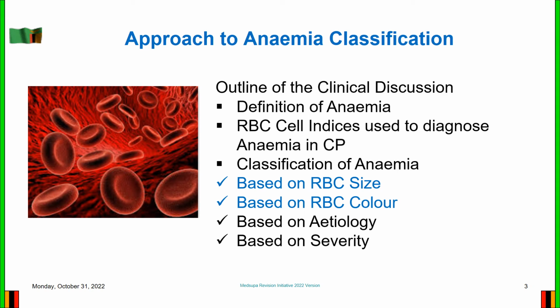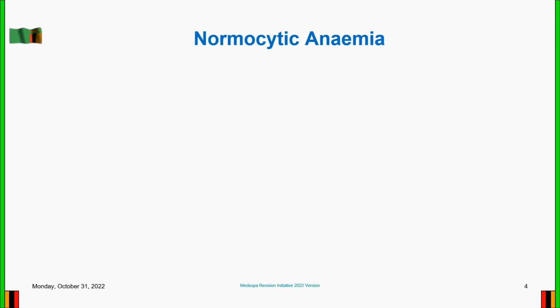So there are 4 classifications of anemia. But for today's lecture part 1, we are only going to talk about red cell size and the color. So for today, we are going to classify based on the size and the color, meaning that we're going to center on the MCV and the MCH.